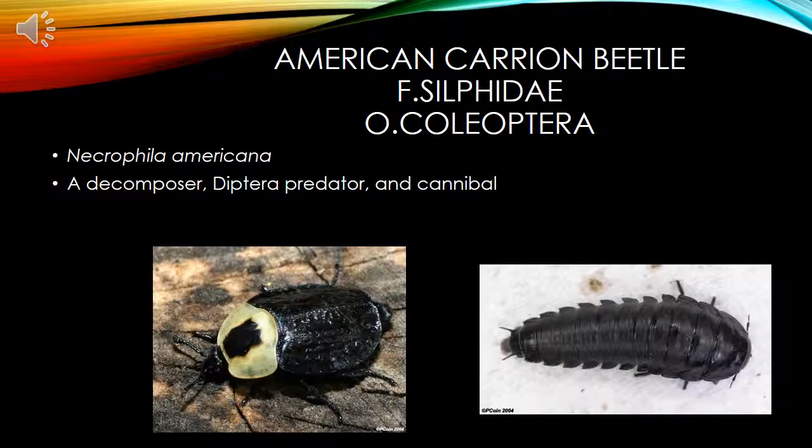The American carrion beetle lays its eggs on raw flesh, usually that of dead animals, and fungi. The larvae consume this flesh, and along with the adults also consume fly larvae, and the larvae of other carrion beetles. The adults are 12 to 22 millimeters in length, with a pale yellow pronotum containing a black spot in the center.